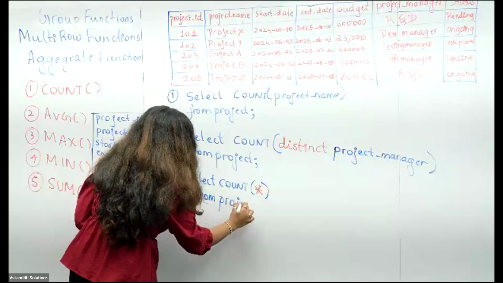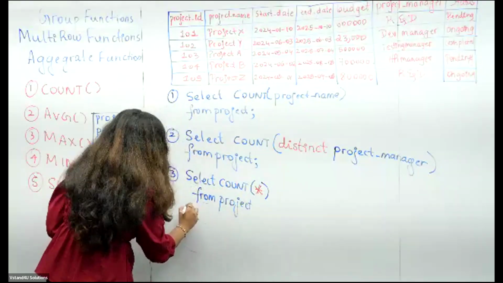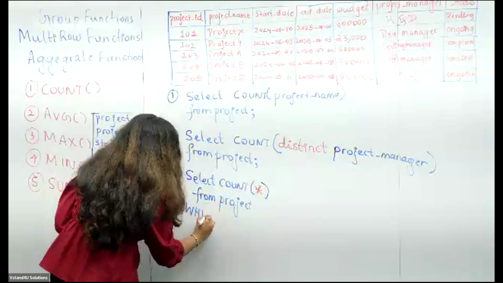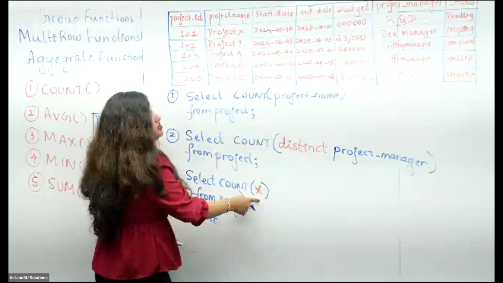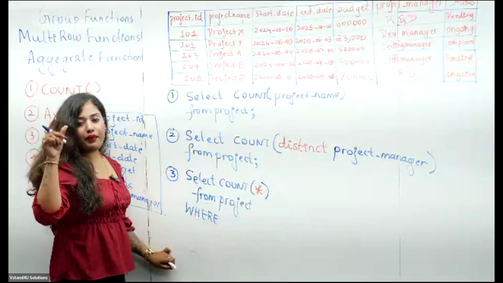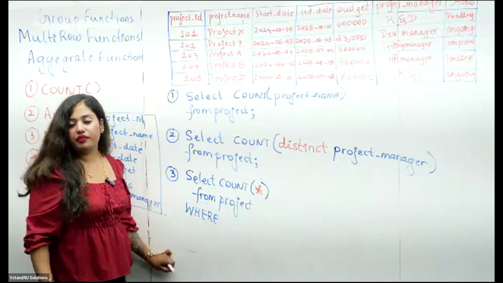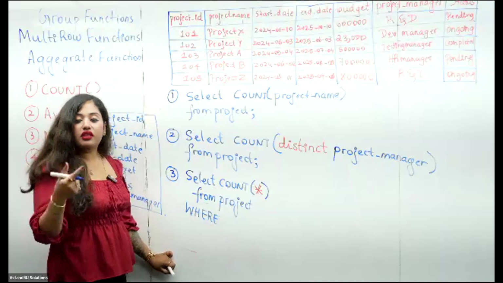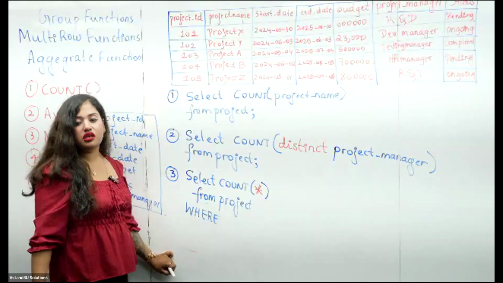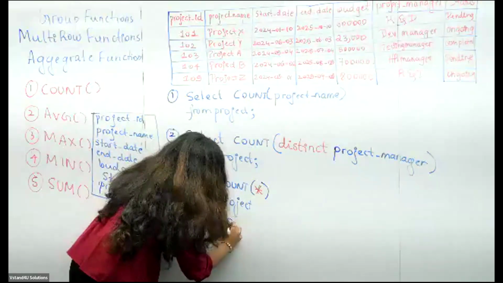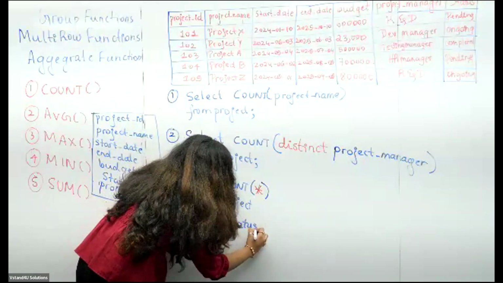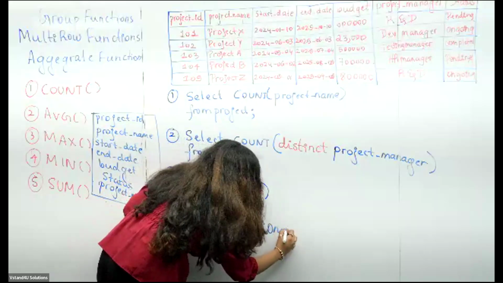project. Okay, what is the condition they are giving here? See, if I give count star, you will get the complete table. All the data will be present. But here, they are also giving one condition saying where status is equal to ongoing.